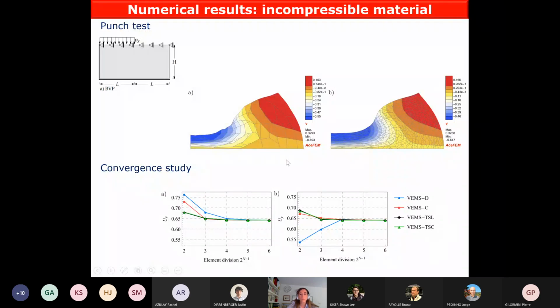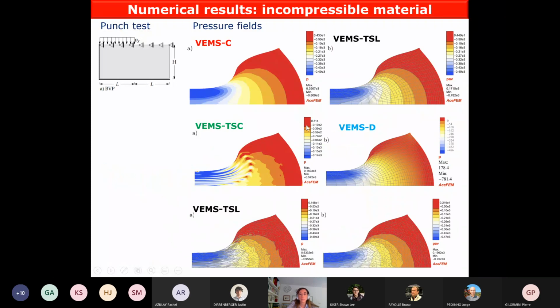And what we observe is that the best performances are related to the element with Taylor series expansion of the pressure and the linear expansion along the element boundaries, while the one with constant expansion along the boundaries exhibits checkerboard modes for the pressure. That means that this formulation is not stable, whereas the formulation with linear expansion along the edges is very stable also for Voronoi meshes.